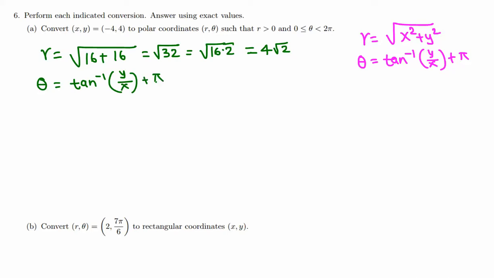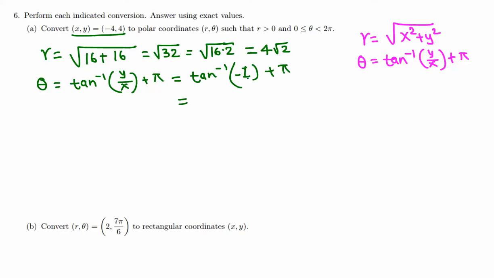Now theta is given by tangent inverse of y over x plus pi, plus pi because this point is in the second quadrant. That is tangent inverse of y over x, 4 over negative 4, that's negative 1, plus pi.